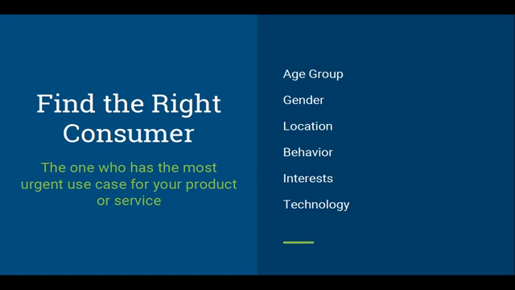For example, if you know your consumer only reads newspapers, reaching out to them through Facebook and Twitter is not going to make a lot of sense. The other way around, if your consumer is very young people in India, you will know they are very active on Snapchat, so Instagram or Facebook might not be relevant for you. So you need to figure out the technology they are using and accordingly reach that right consumer.